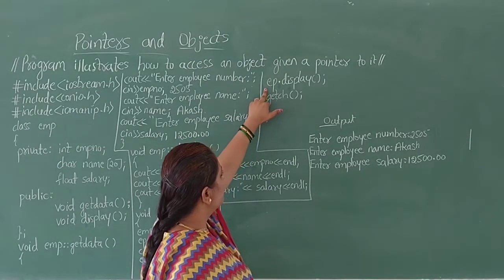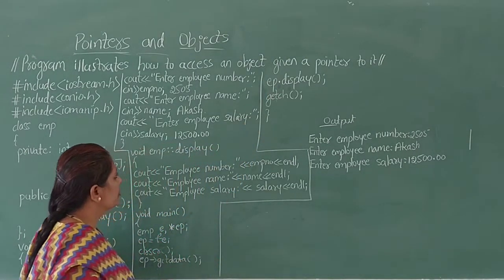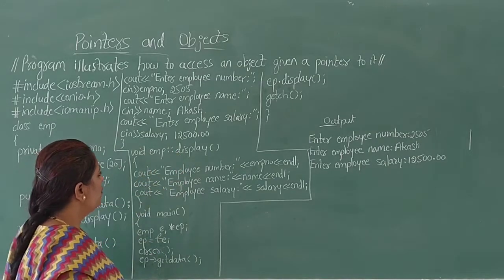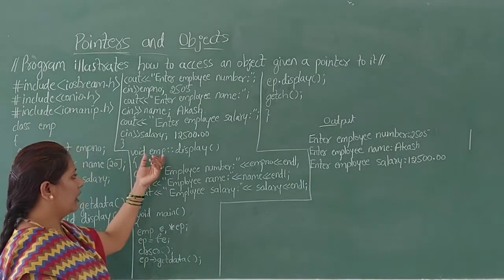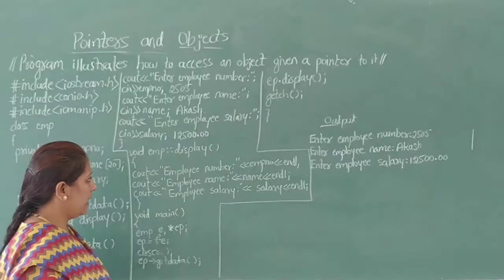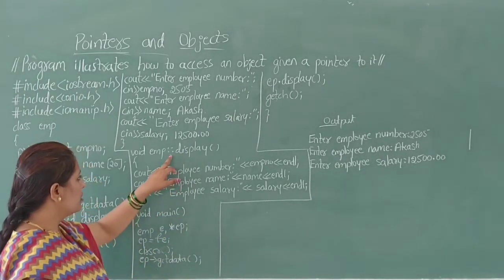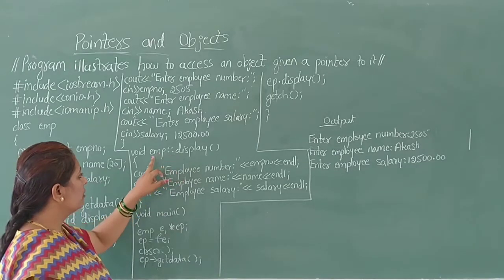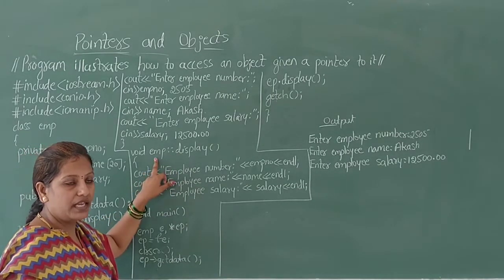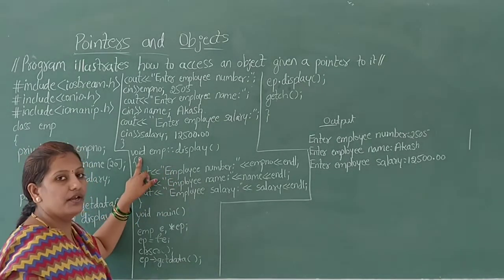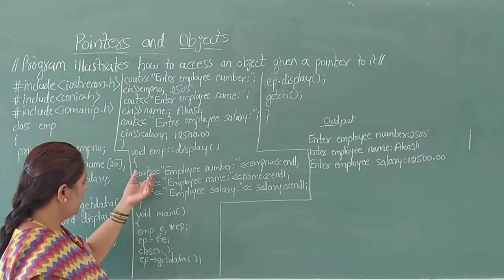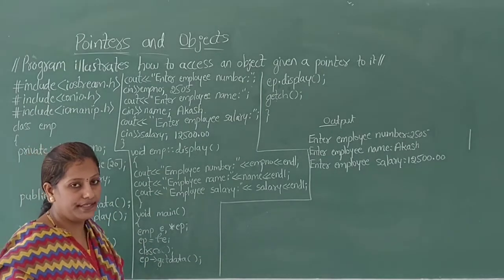Okay, and the control statement connects to the display function where it is defined in the program. Okay, and the display member function is defined outside the class using the scope resolution operator with class name emp and data type void.